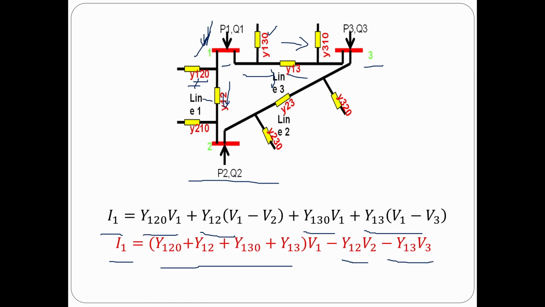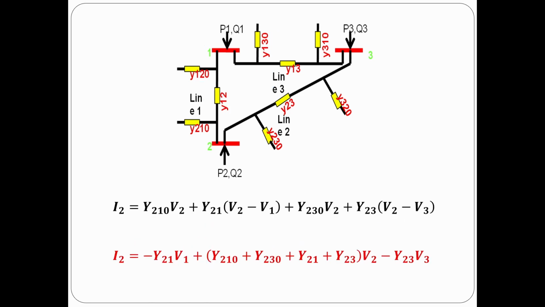Y13 V3. For bus number 2, the current entering the bus is I2, while the current leaving are those flowing to lines and to shunt admittance. Using the same analysis from the previous slides, the current I2 is equal to Y210 V2 plus Y21 times V2 minus V1 plus Y230 V2 plus Y23 times V2 minus V3.